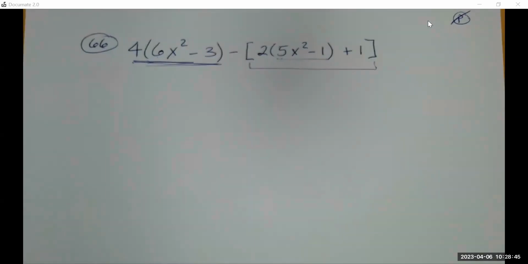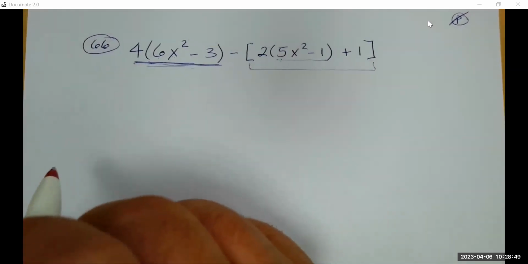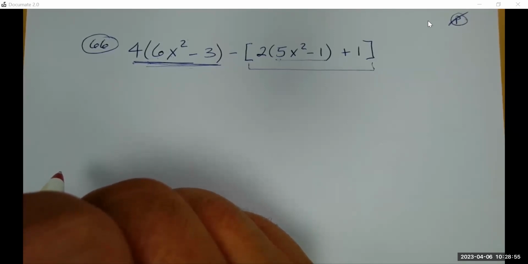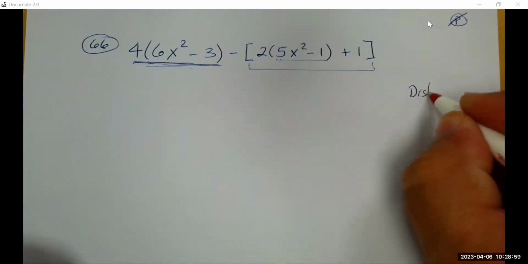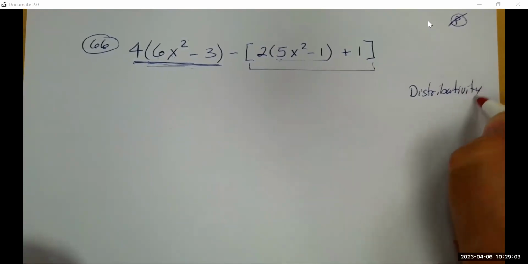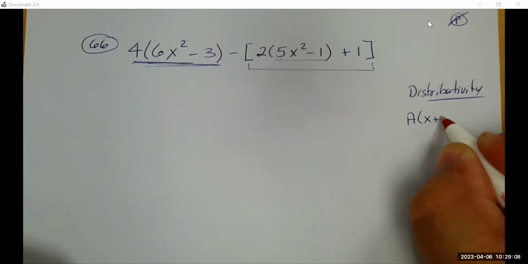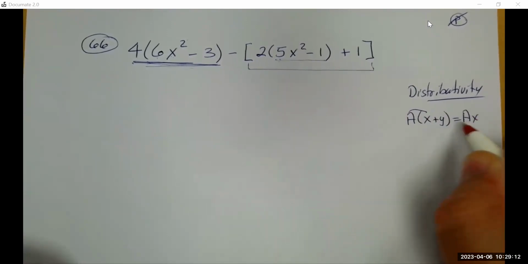Next thing is multiplication. How do we get 4 inside there? What do we do? Yes, you call it distributivity. Distributivity: a times (x plus y) equals a times x plus a times y.